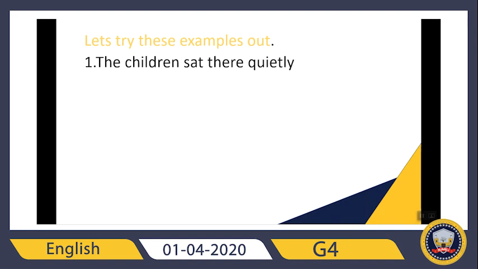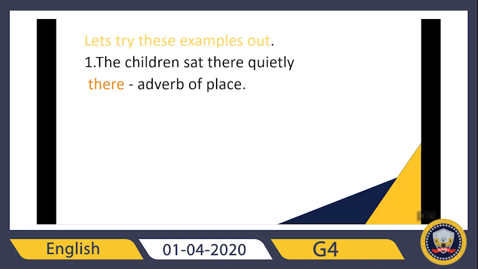An adverb. So where did they sit? They sat there. So the adverb in the sentence is there. The adverb of place, there. They sat there. So there is an adverb of place.